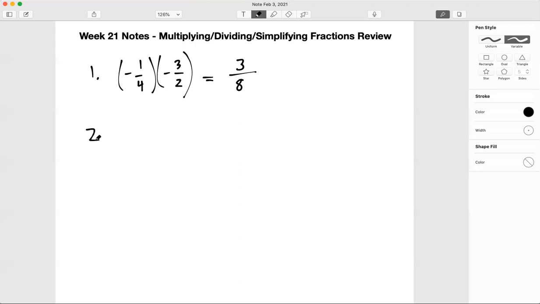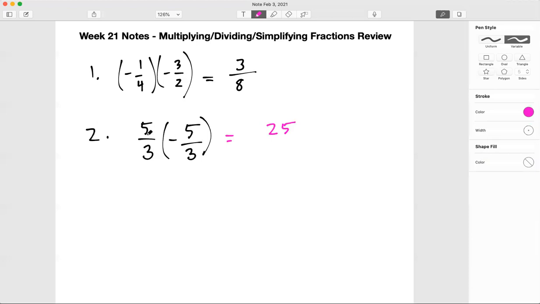All right, how about the second one? 5/3 times negative 5/3. I'll switch colors. So we do 5 times 5, which is 25.